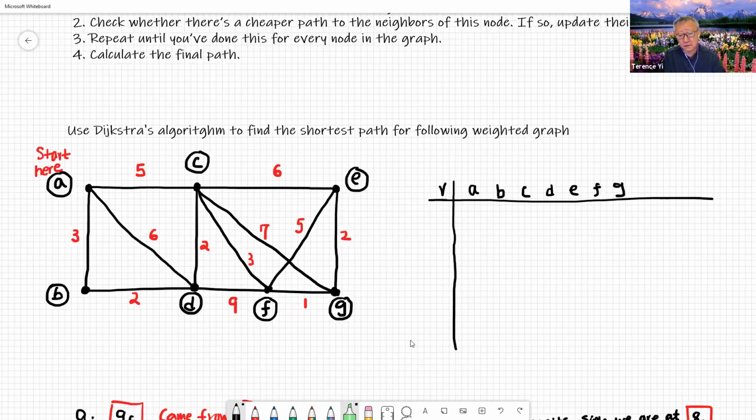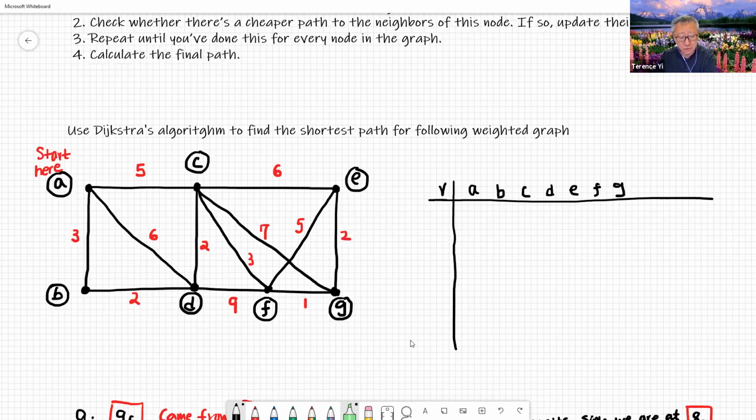So what we want to do here is apply Dijkstra's algorithm to find the fastest path from this graph, and we're going to do it as a table here.